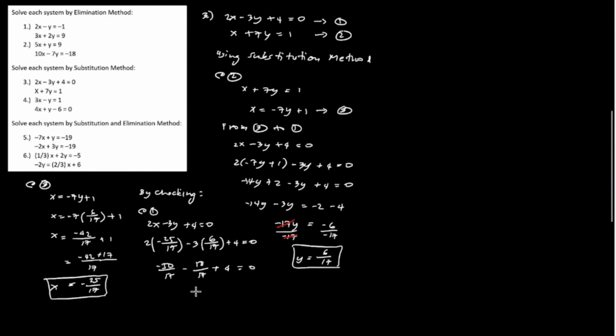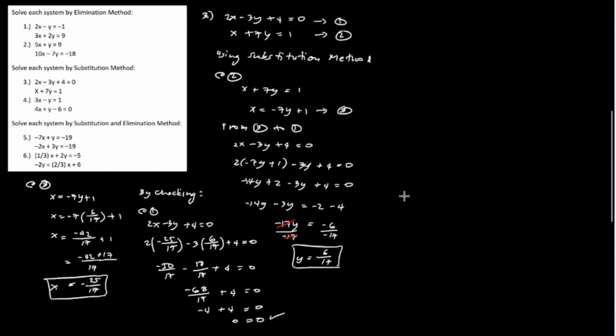Negative 50 minus 18 is negative 68, divided by 17, plus 4 is equal to 0. Negative 68 over 17 is negative 4 plus 4, and it is equal to 0. So negative 4 plus 4 is 0, and it is equal to 0.